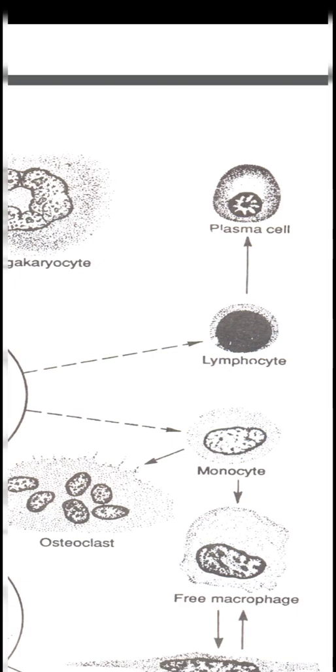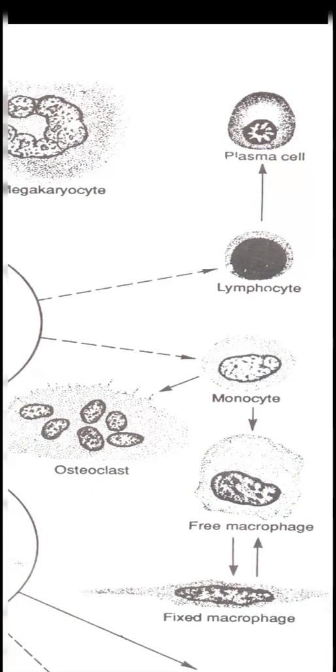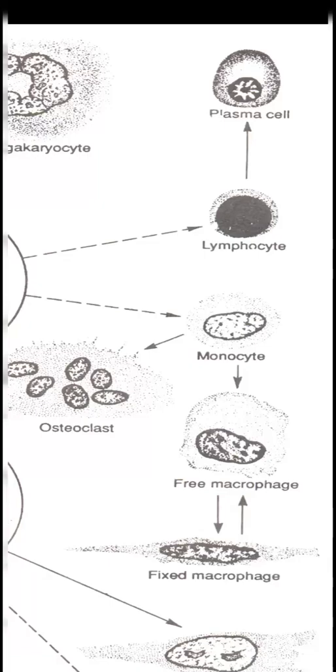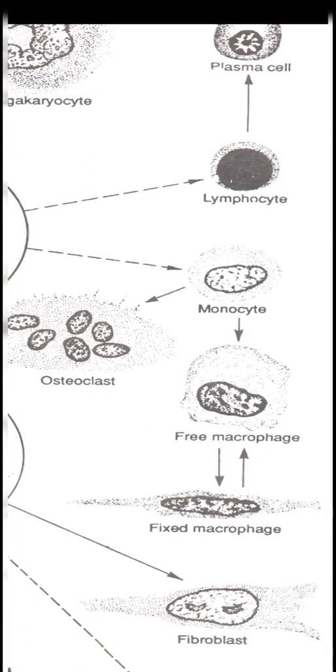Lymphocytes, when they further mature, form B lymphocyte and then they form plasma cells. When monocytes go out of the circulation, they are known as macrophages.